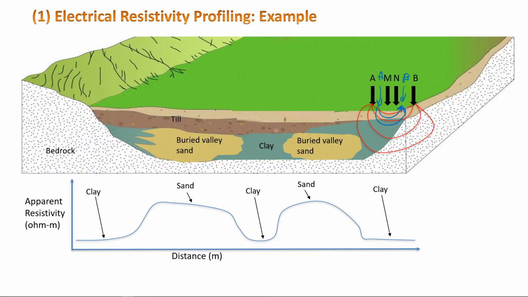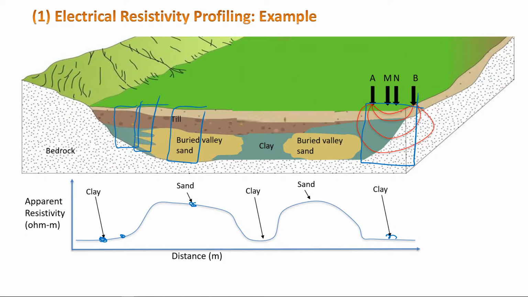And this value we get is a depth average. This value here is the average of the resistivity in this region. This value here is the average of resistivity in this region, and this value here is the average in this region.